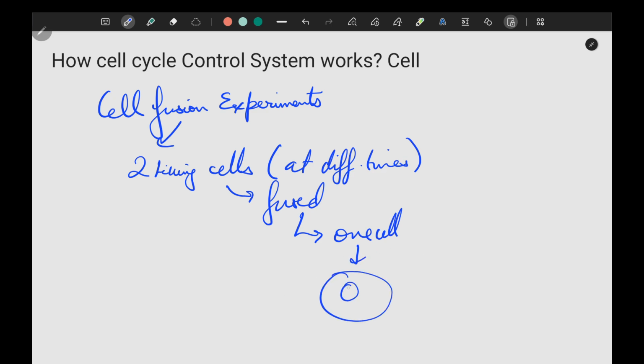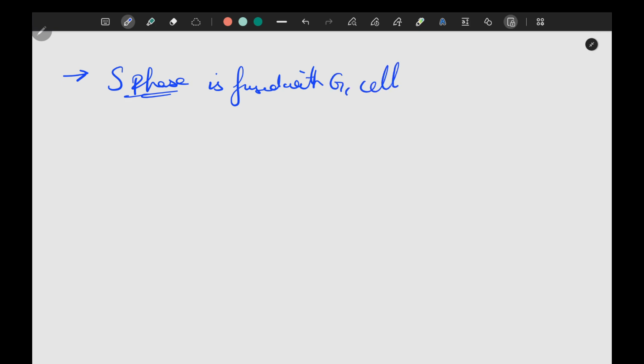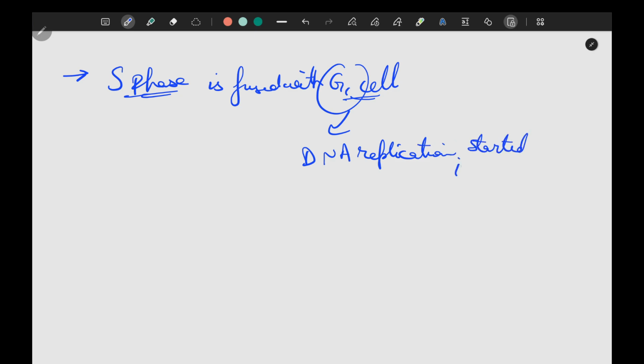In the first case, for example, if a cell in S phase is fused with a G1 cell, then the G1 nucleus is triggered to start DNA replication immediately.